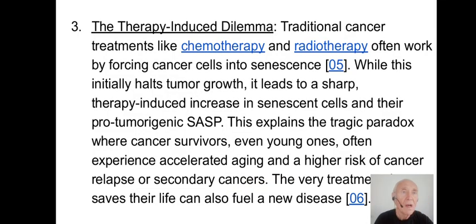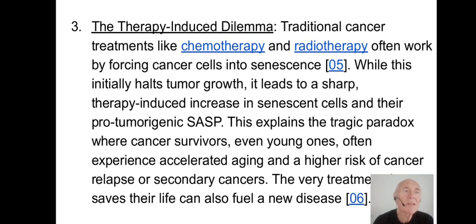The therapy-induced dilemma. Traditional cancer treatments use chemotherapy and radiotherapy. Often it works by forcing cancer cells into senescence. While this initially halts tumor growth, it leads to a sharp therapy-induced increase in the number of senescent cells, which are pro-tumor, and what they produce is SASP.